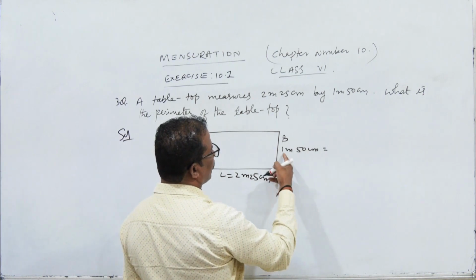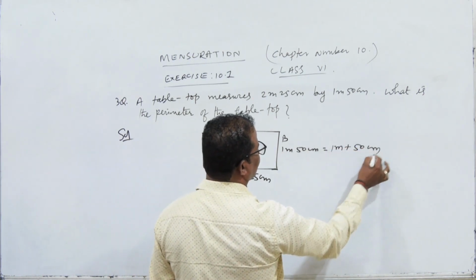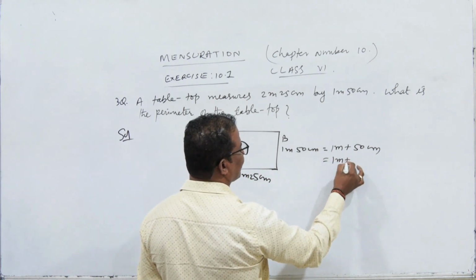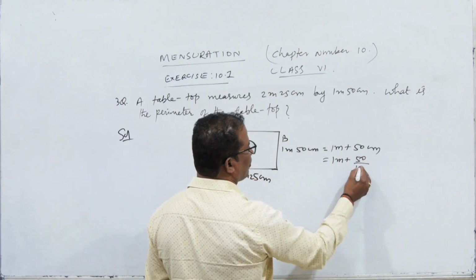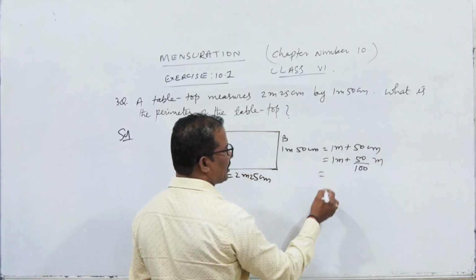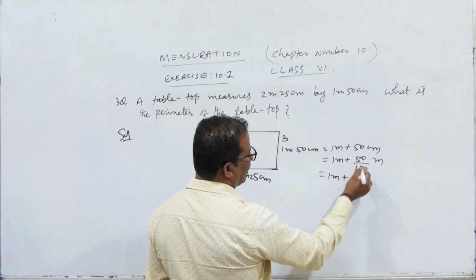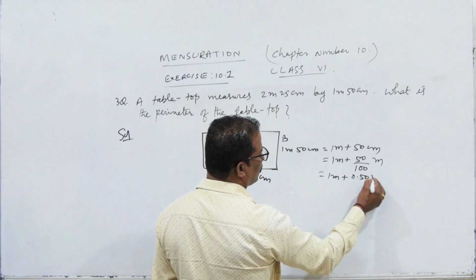See how it is. 1 meter 50 centimeter means 1 meter plus 50 centimeter. To convert from centimeter to meter we have to divide by 100. So now this is again in meter only. So 1 meter, then 50 divided by 100 becomes 0.50 meter.